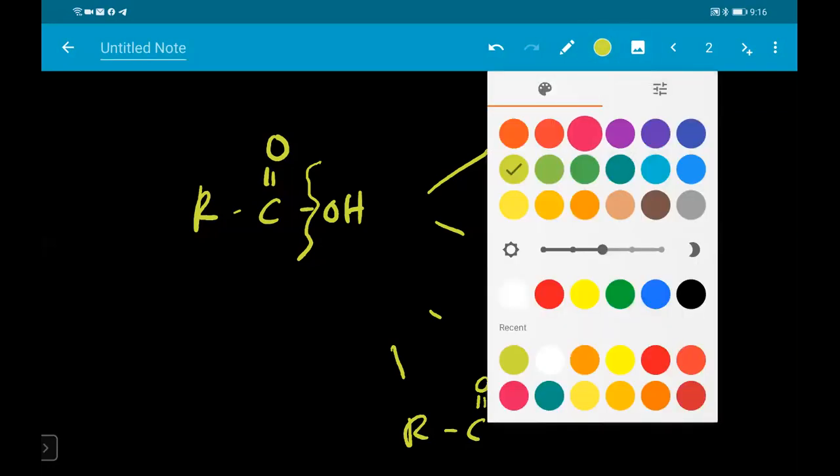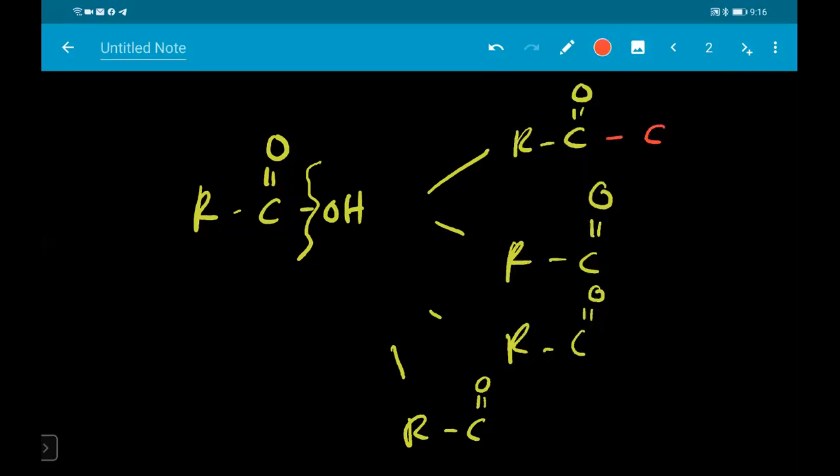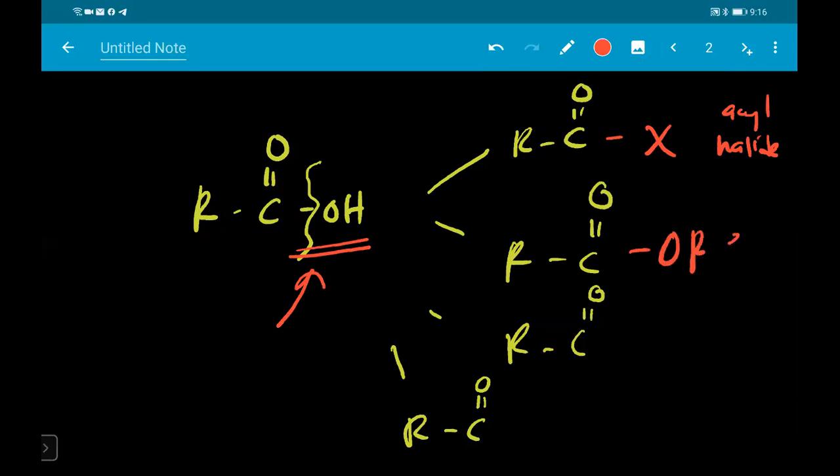The first one is acid chloride, or generically we can write it as acid halide. We replace the OH with a halogen, and this becomes acyl halide. We replace the OH with OR, oxygen with an alkyl group, and this becomes ester.